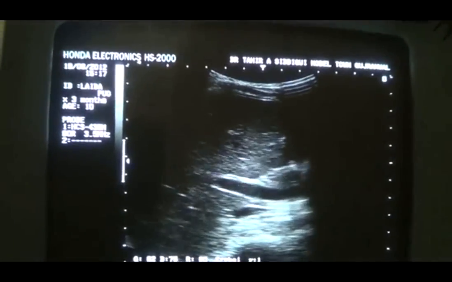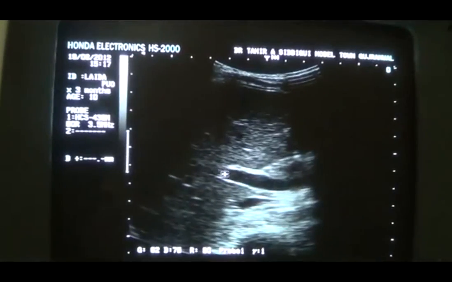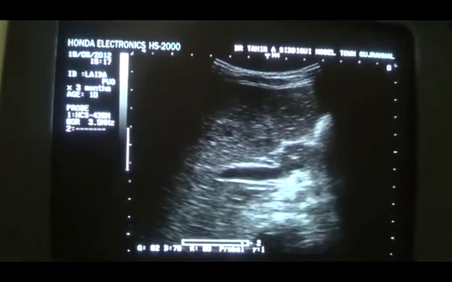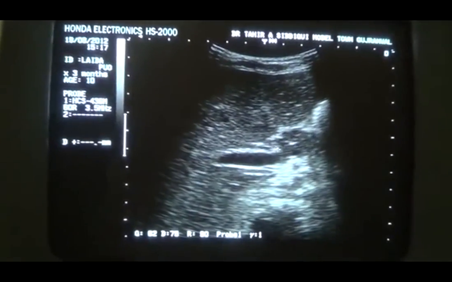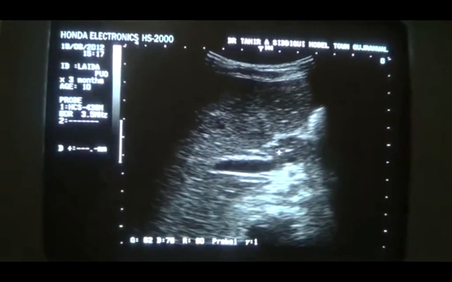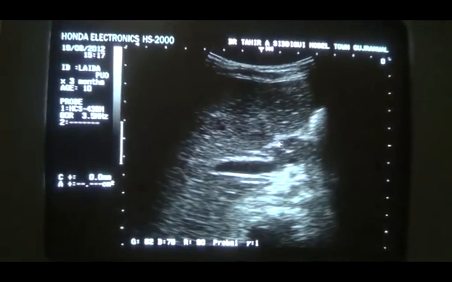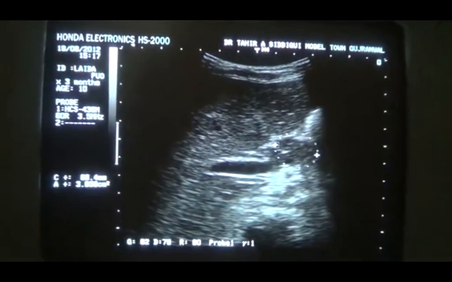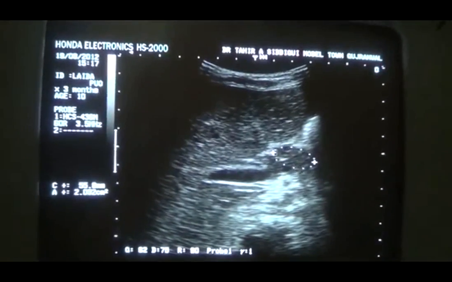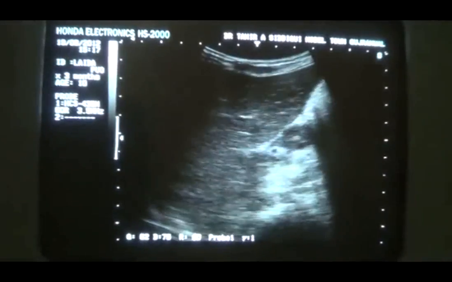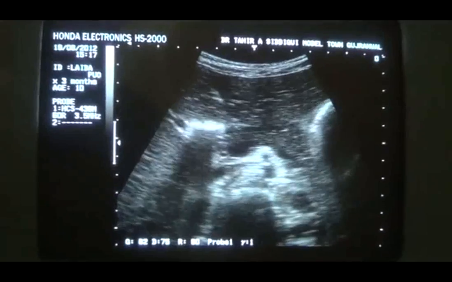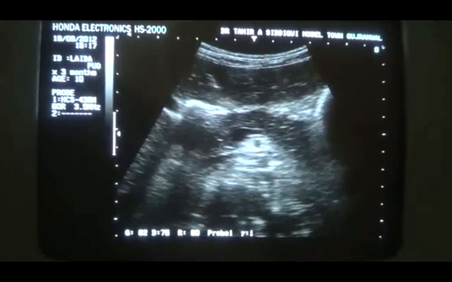So now this is the portal vein, this is the inferior vena cava, and this area is the head of the pancreas. This is the body of the pancreas.